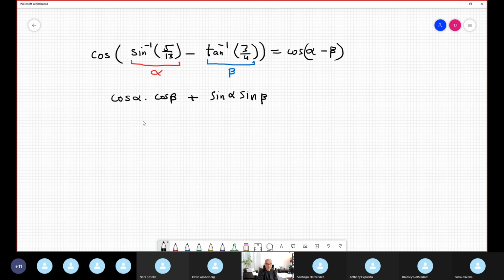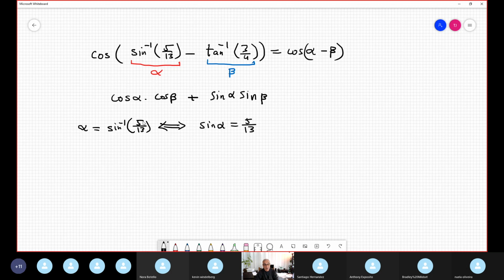Okay, so I dedicate myself now to investigate who is alpha and who is beta. Look, alpha is equal to sine inverse of 5/13. This statement is equivalent to saying that sine alpha is equal to 5/13.